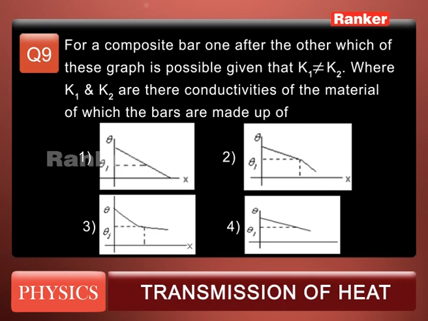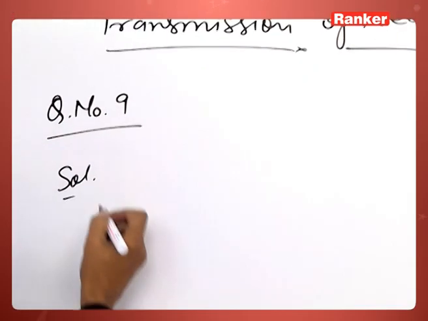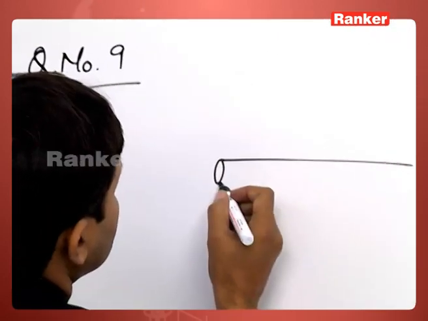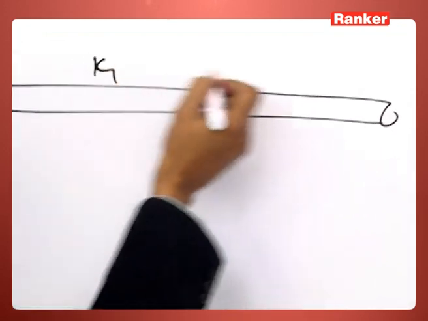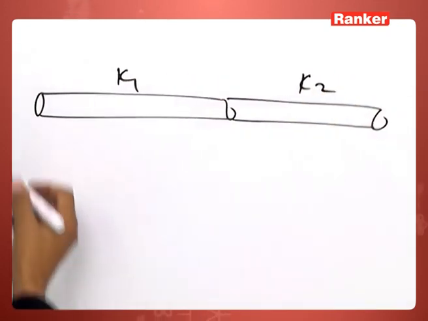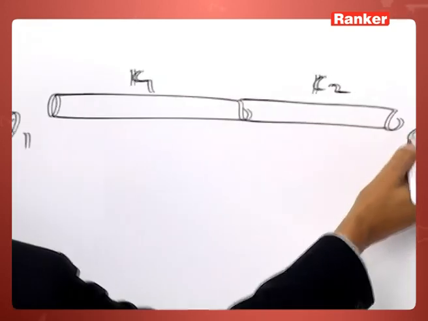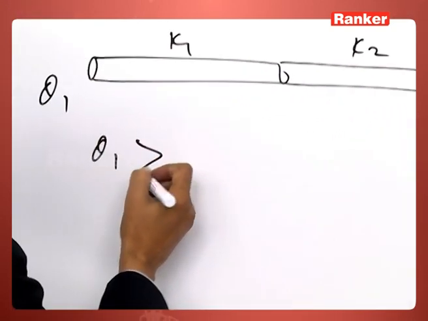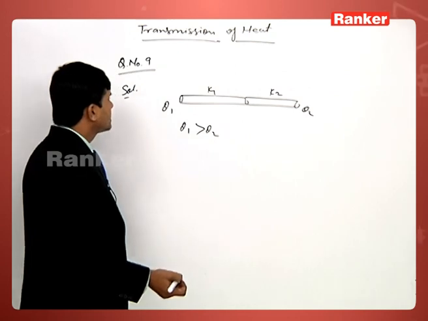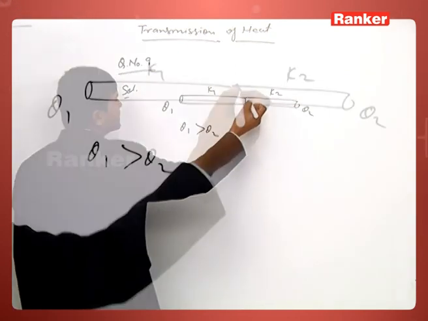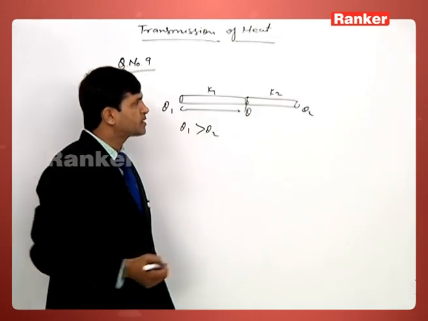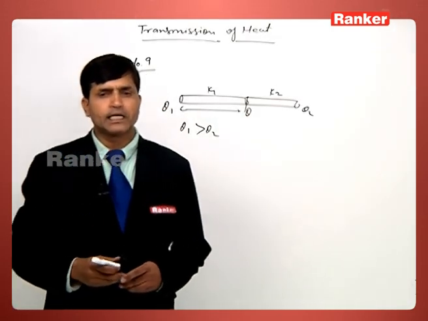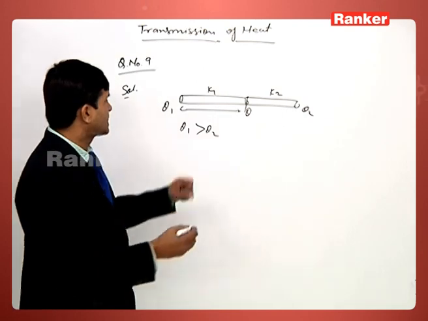So here we can say like this. Let this be your composite bar having thermal conductivities K1 and K2. Let this be at higher temperature theta 1 and theta 2. We are talking about the temperature gradient, because our graph is between the temperature variation in the rod versus distance x.